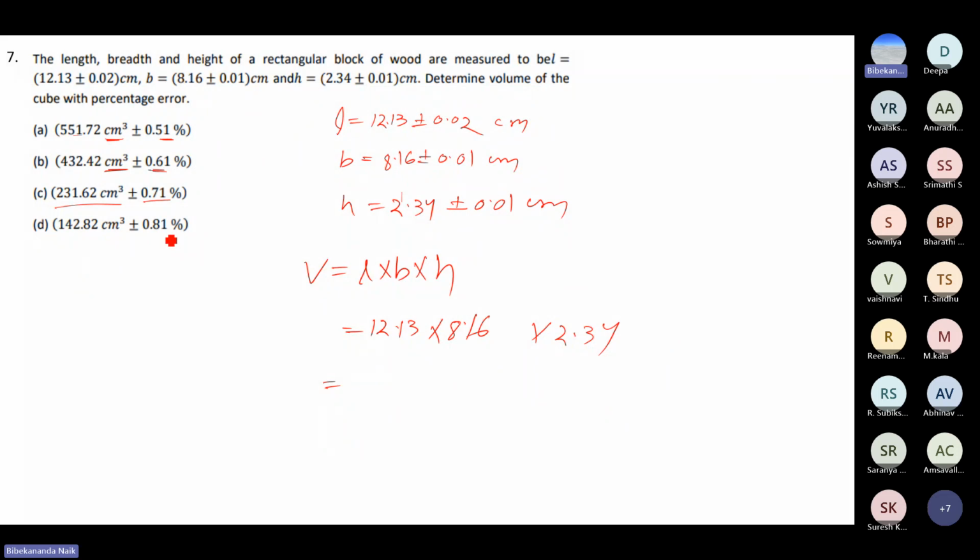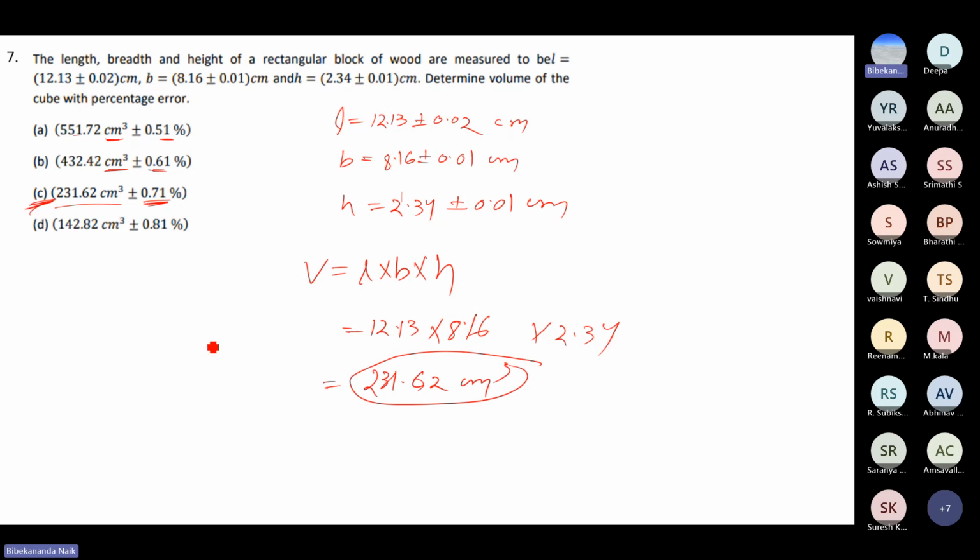So we need to first calculate the error, then divide that error by the true value, and then we will find the percentage of error. So the multiplication will be 231.62 centimeter cube. So this is the answer, but how does this value come?